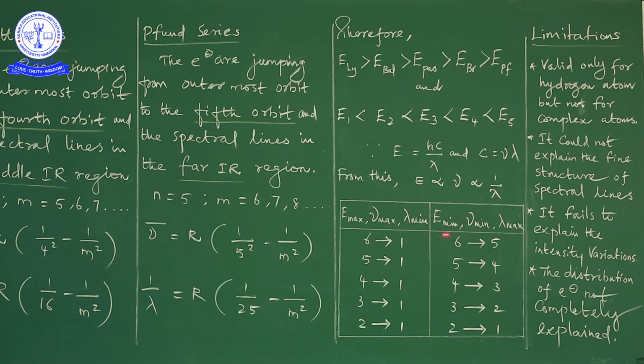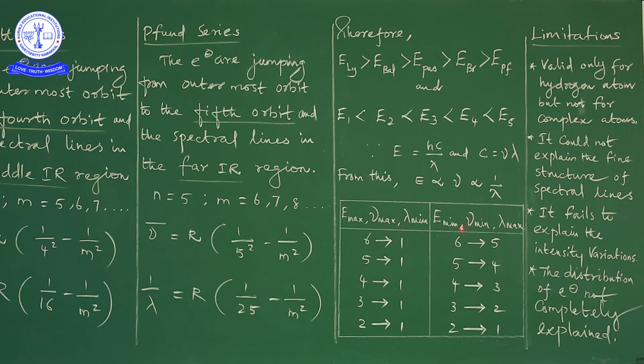By using this table, see here the first column is E max. E max means maximum energy. And second is nu max, maximum frequency. And third is lambda minimum, that means minimum wavelength. Wherever it may be, when the minimum wavelength is present, the energy and the frequency are always maximum.